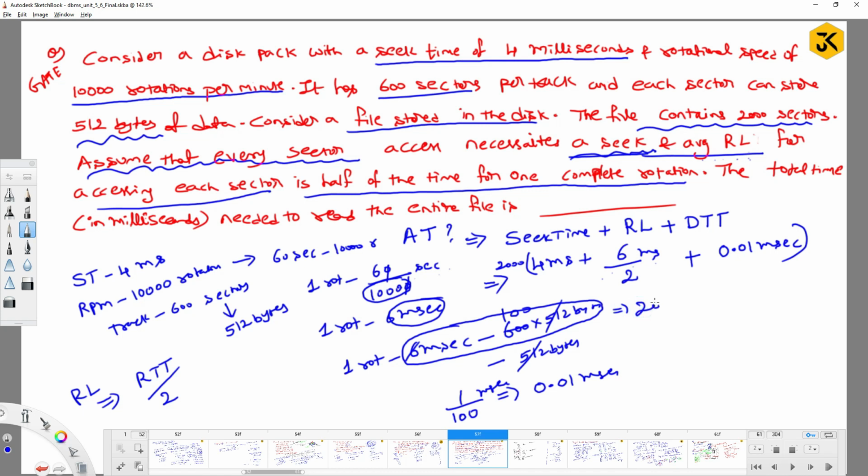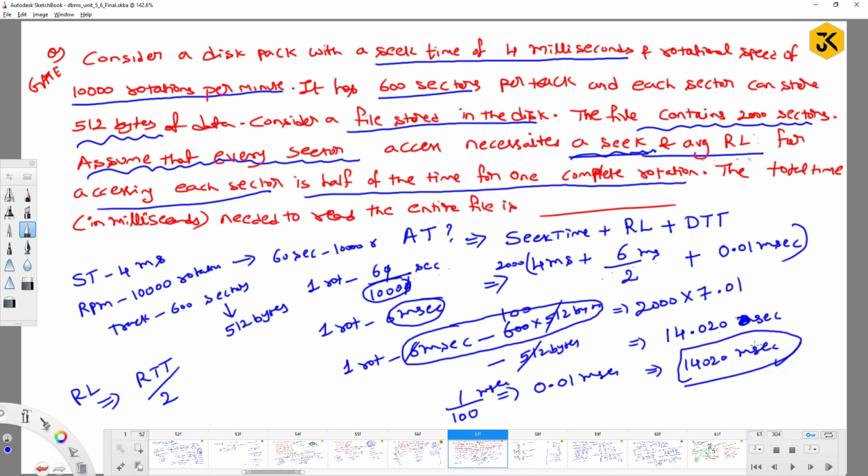So this will be 2000 into 7.01, which is equivalent to 14,020, in milliseconds or seconds. This will be milliseconds, right?